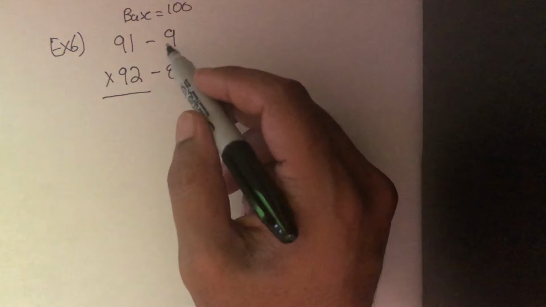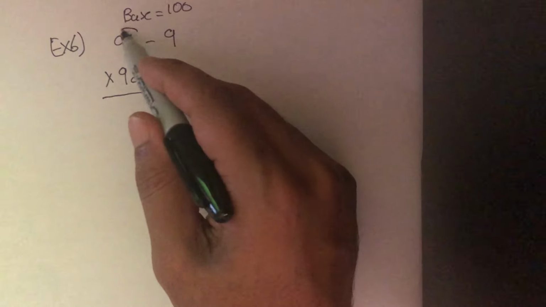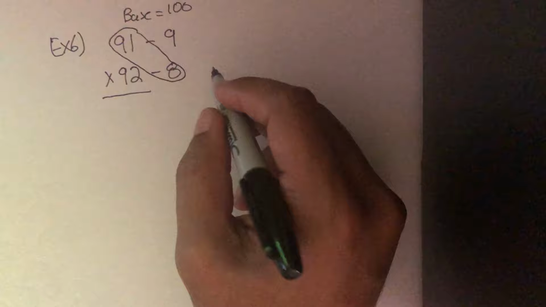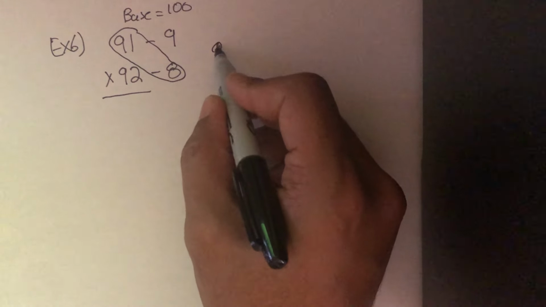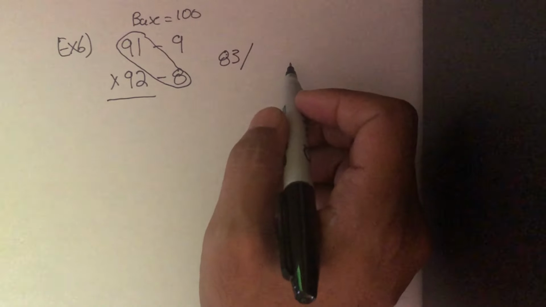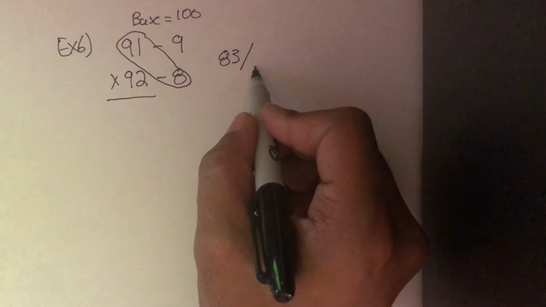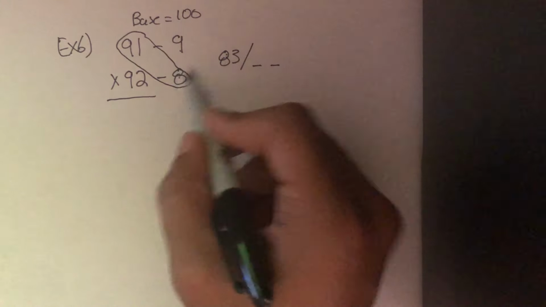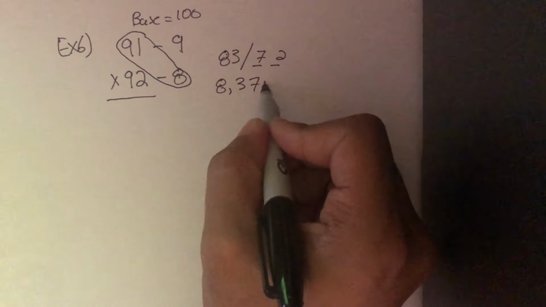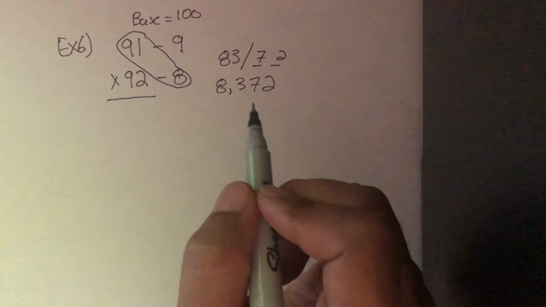So first part of my answer, I'm going to cross subtract. What's 91 minus 8? That's 83. So I'm going to put an 83 right here. Put a slash. And the second part of my answer should have two spaces. 9 times 8 is 72. So final answer, 8,372. Okay, let's keep on going.